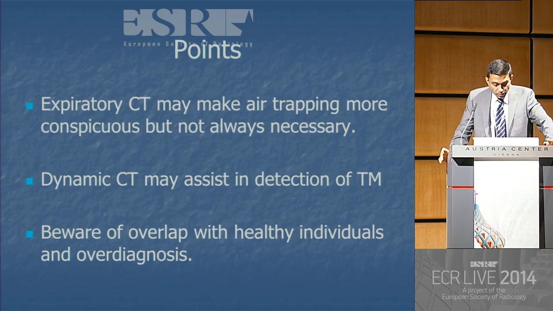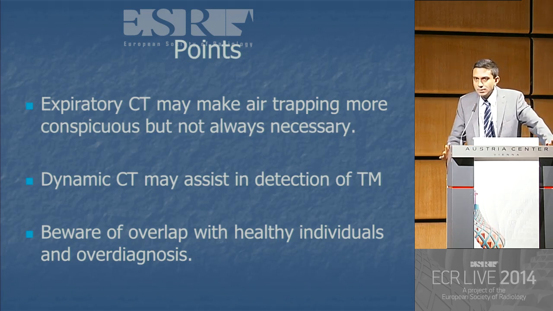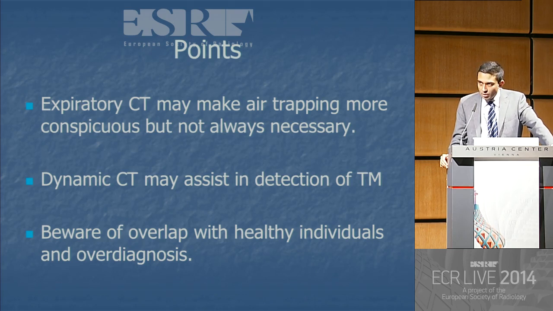Dynamic expiratory CT is certainly of importance when it comes to the detection of tracheomalacia, as I've illustrated, and perhaps one of the most crucial pieces of literature to be aware of is the literature in the healthy asymptomatic population, which has shown quite significant overlaps between healthy and diseased individuals for both air trapping and tracheomalacia.